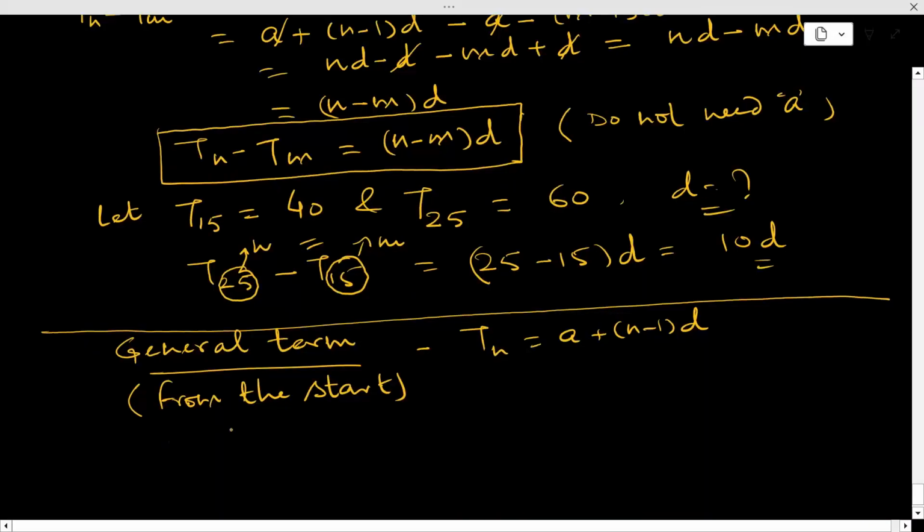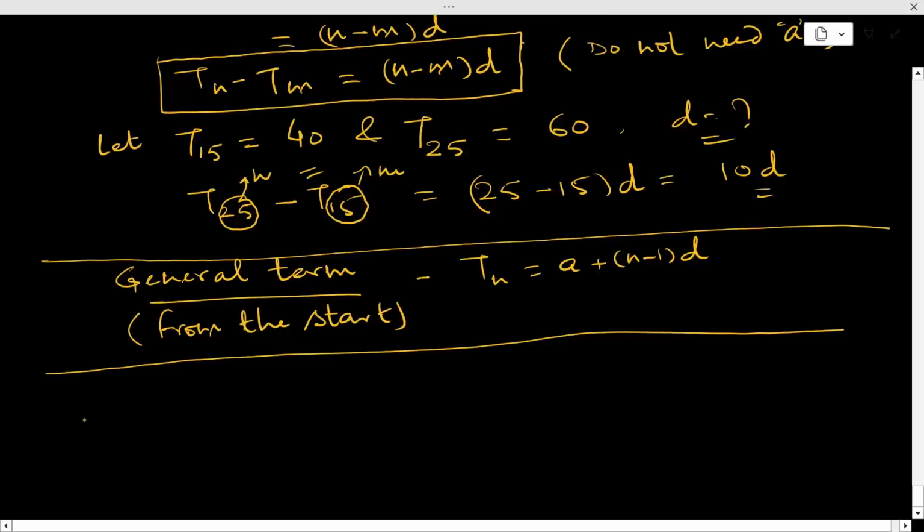Okay, but sometimes it may happen that we have to determine the general term from the last. Consider a situation where we have an AP. Let us discuss the case of the general term from last.